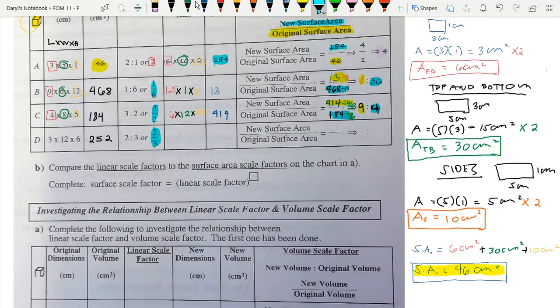So you expect a dimension that is less than the original dimension. For example, originally I have a length of 3 centimeters. If I multiply that by 2/3, that gives me 2 centimeters. And then the width, I have a width of 12. If I multiply that by 2/3, that should give me 8, because 12 times 2 is 24, divided by 3, it's 8.